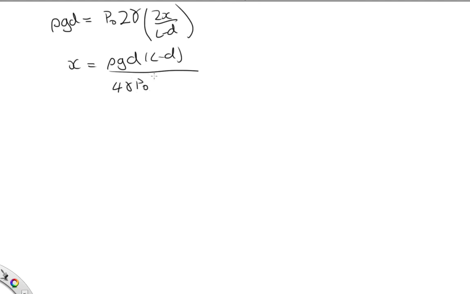Now we need to evaluate this. The only difference between this x and the x we had in part A is this gamma here. So what we can actually do is say that this is 2.95 over gamma centimeters. So this is 1.4. So solving that on the calculator, we end up with 2.11 centimeters. Okay, so it shifts less in the adiabatic case.